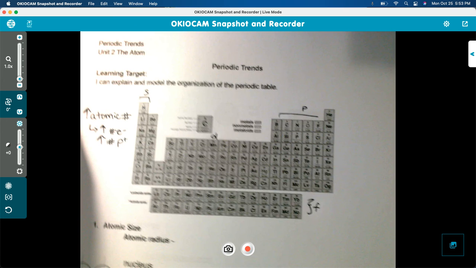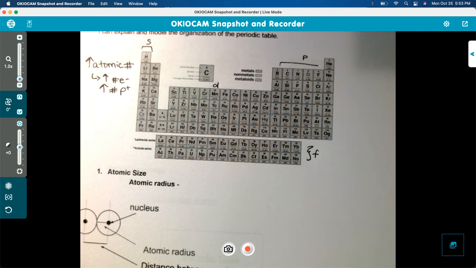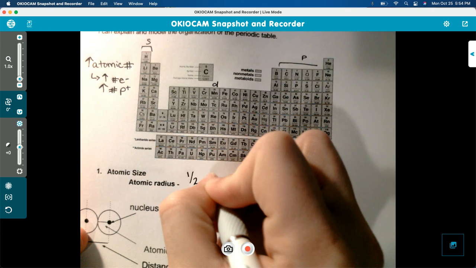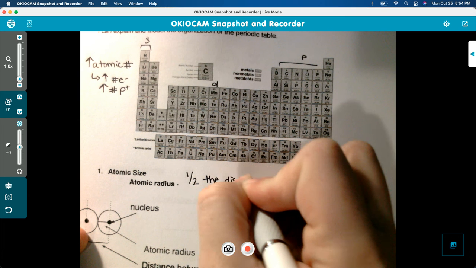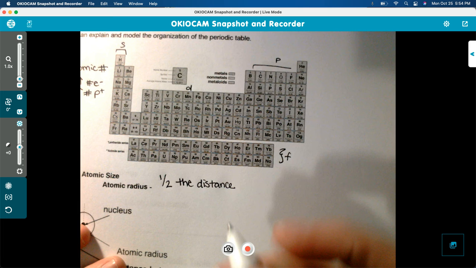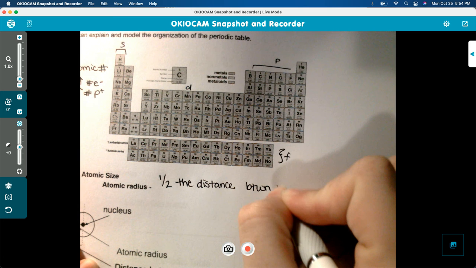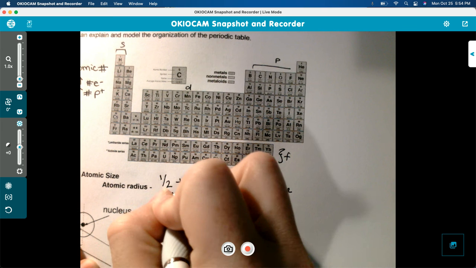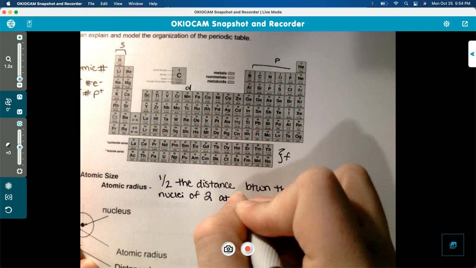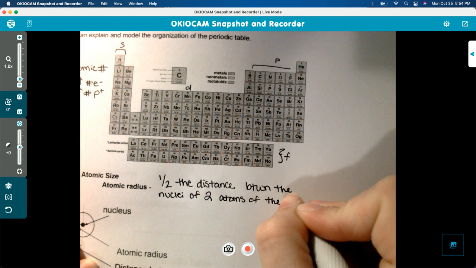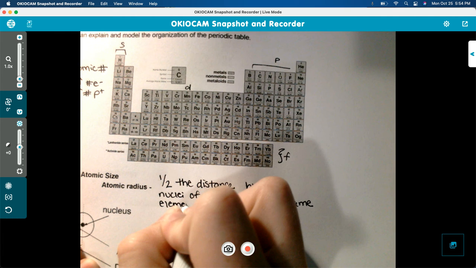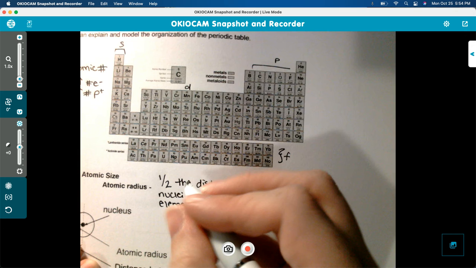And when we look at atomic size, we're looking at this thing called atomic radius. And atomic radius is half the distance between the nuclei of two atoms of the same element. And of course, this is going to be when the atoms are joined.